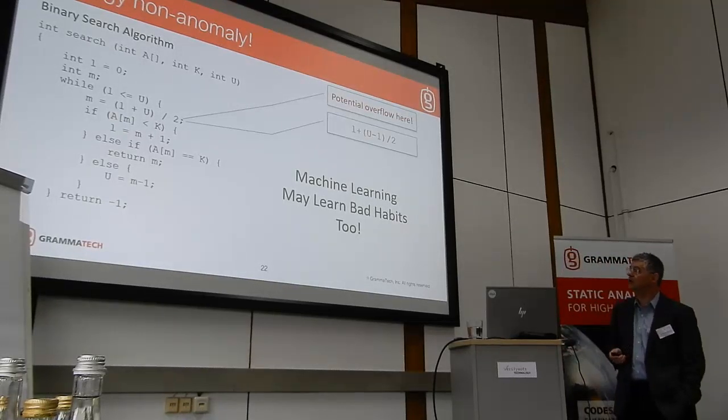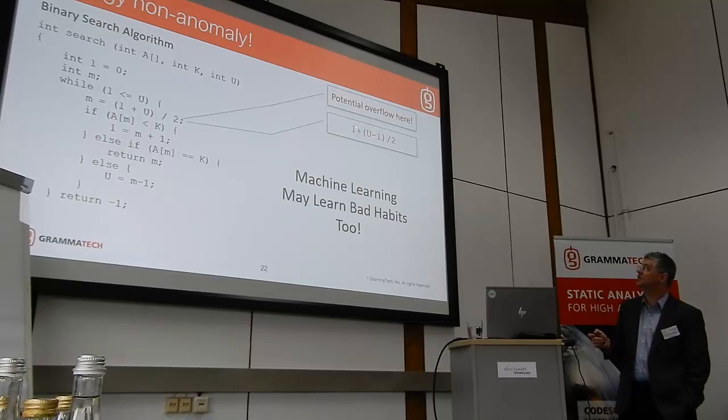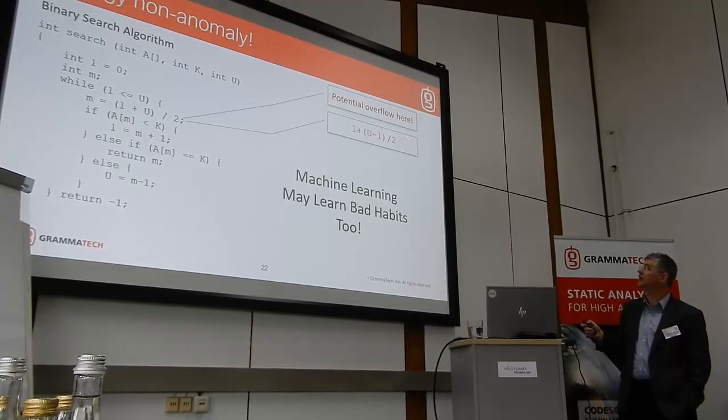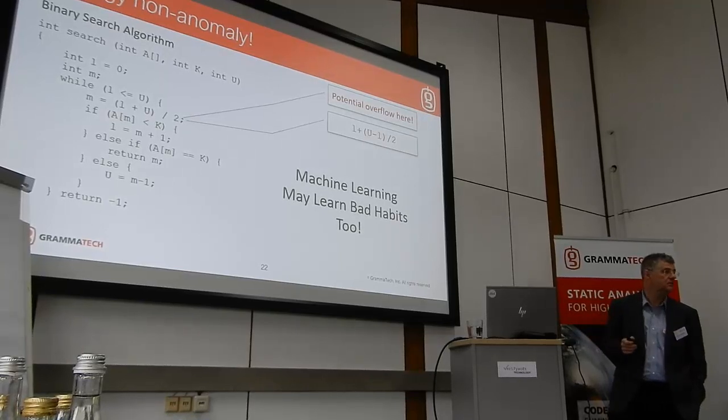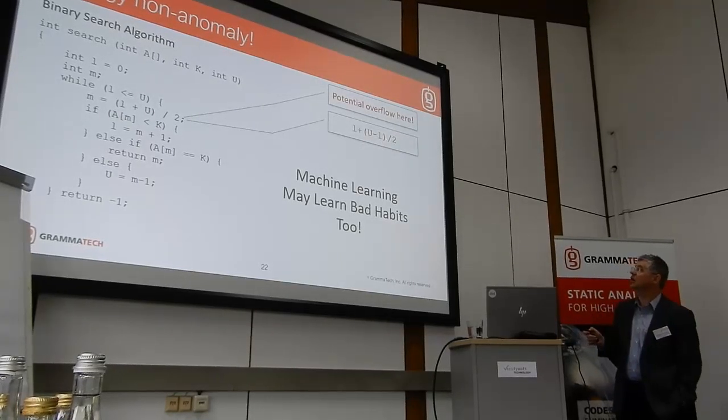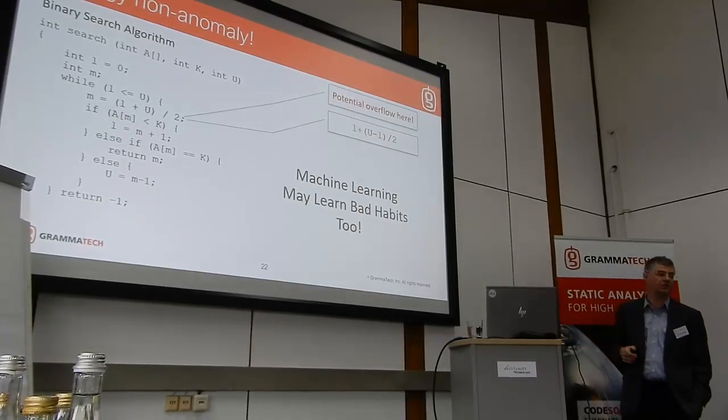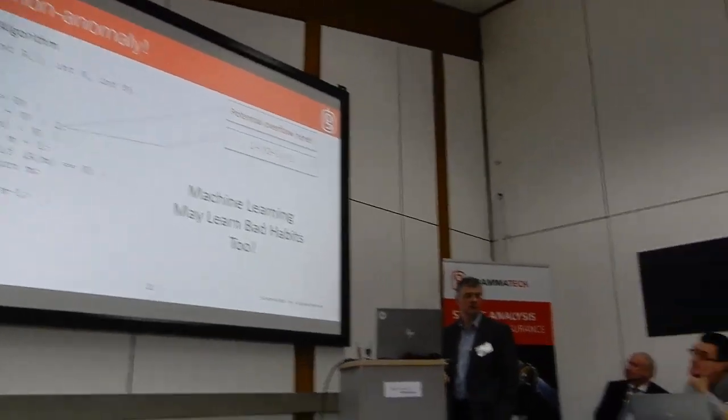So what you should have done is to take L, take the difference between the upper bound and the lower bound, divide that by 2 and add that to L. That's guaranteed not to overflow, whereas the other does have the overflow risk. And if you turn this machine learning thing loose on lots and lots of code, I'm not sure this is even the kind of thing that would be learned by it, because we're focusing on functions.